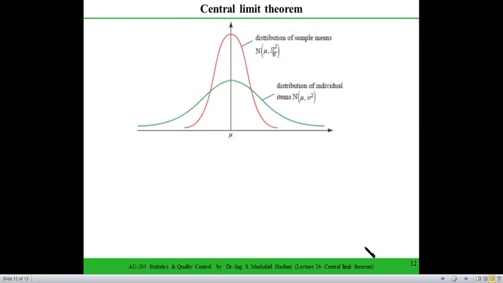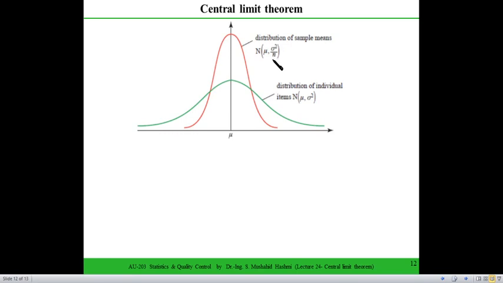In sampling we have already seen that if this is the distribution of the n items, this is my population, with the whole population distribution represented by the green line, and if we take different samples, the sample distribution's mean would be the same as the population mean, and its variance is sigma square over n.